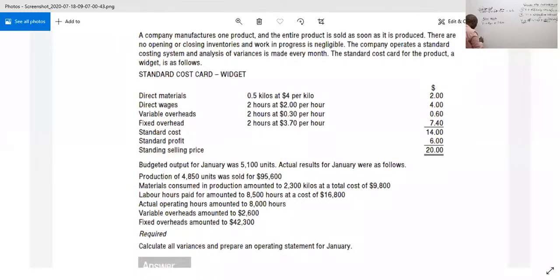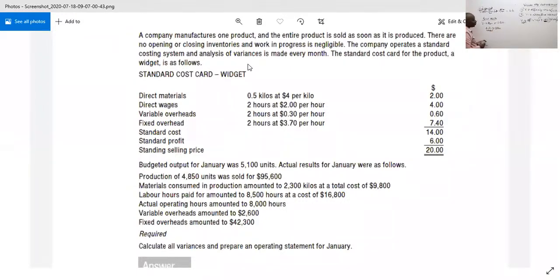And then of course we have the actual hours. Actual hours used by labor, and for that matter, it will be the actual hours that were worked, which were 8,000.